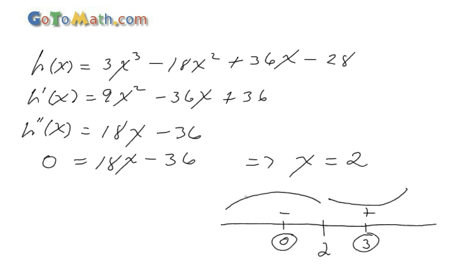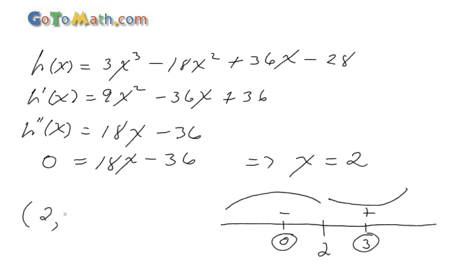If you took the 2 and you plugged it into the first derivative up here, we would get some number out. But okay, remember that would give us the slope of the tangent line. So we have an inflection point at 2.